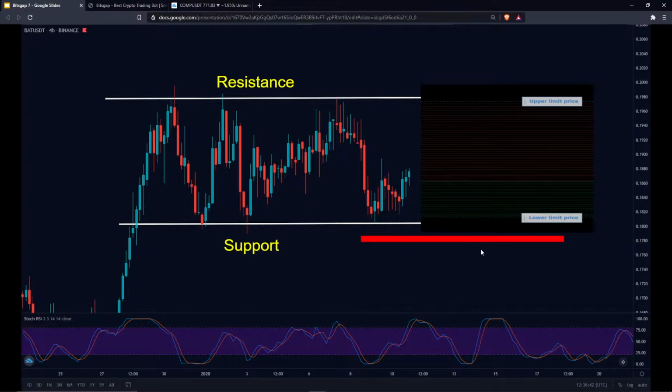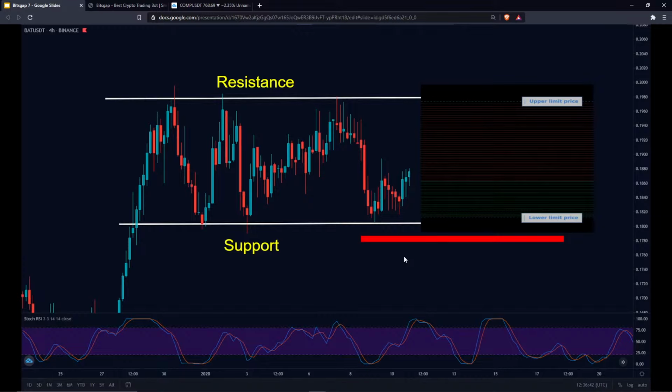But just to make it simple, you put your stop loss below the support line. If the price reaches this level, most likely it will continue the downfall. That's why you put your stop loss here, and it's pretty close to your entry price. So that's the configuration you can stick with when you spot this kind of pattern on the market.